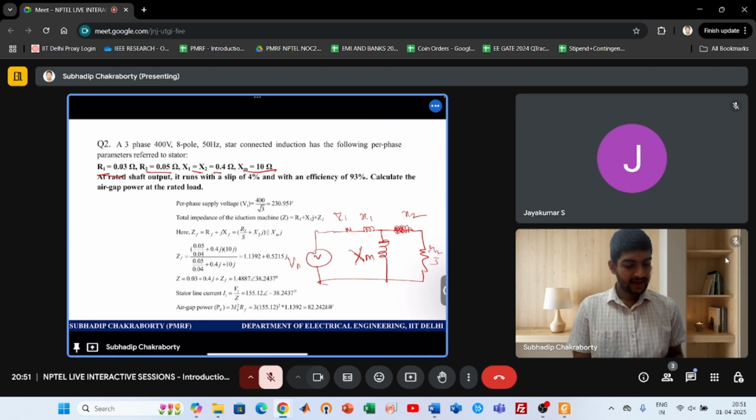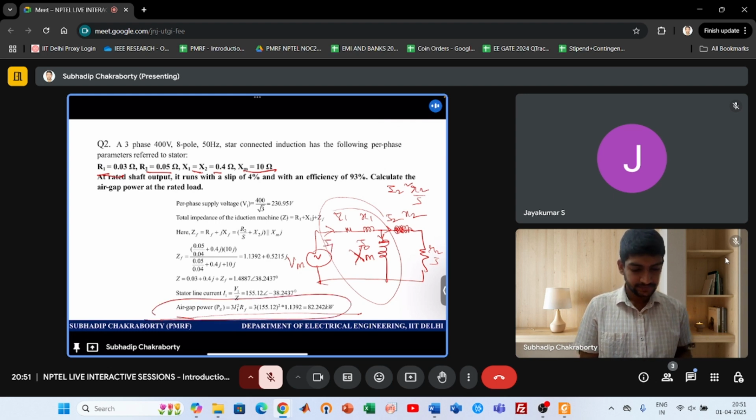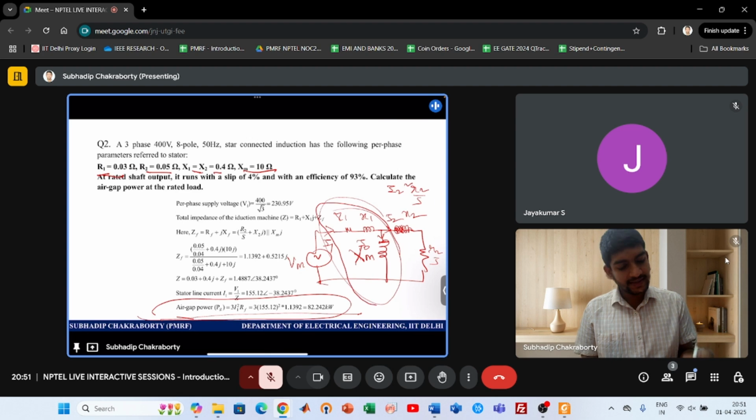You have some VM and you calculate the Z, and from that you can get the air gap power. Air gap power is nothing but I2 square R2 by S. So calculate I2; this is I0, this is I1, I2 square R2 by S, or they call it I1 also. So you do all the things and you take whatever current you get entering this path.